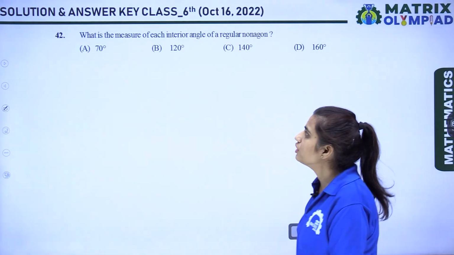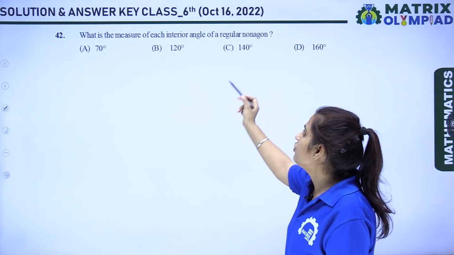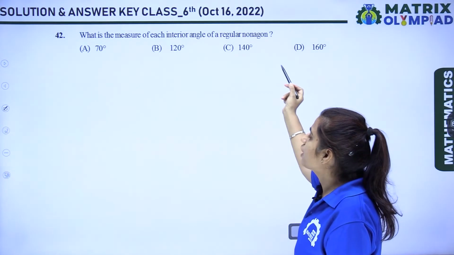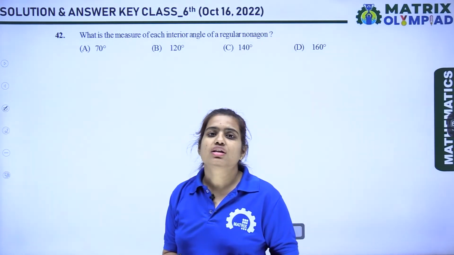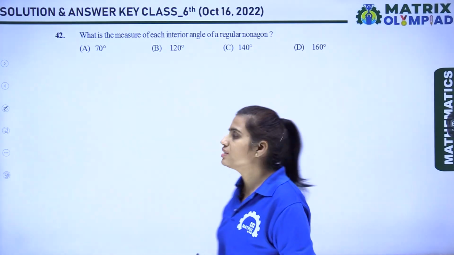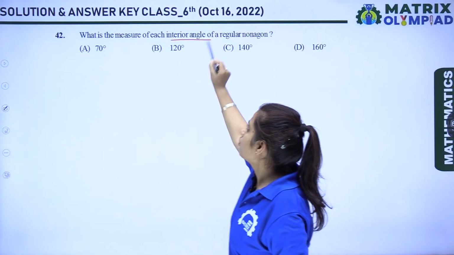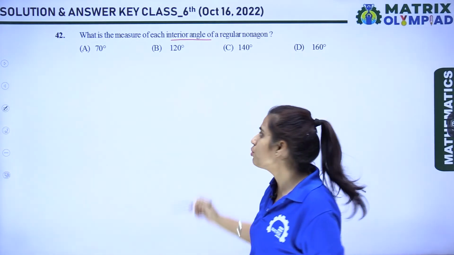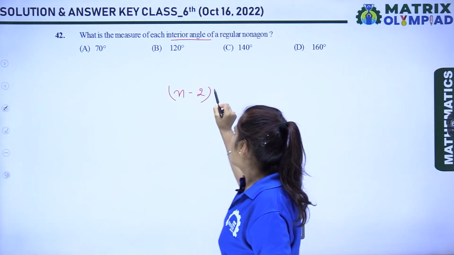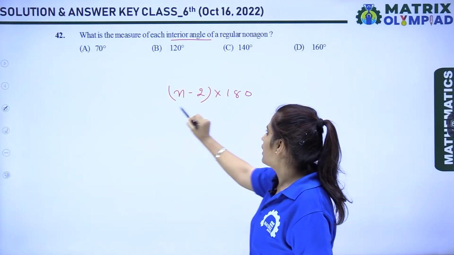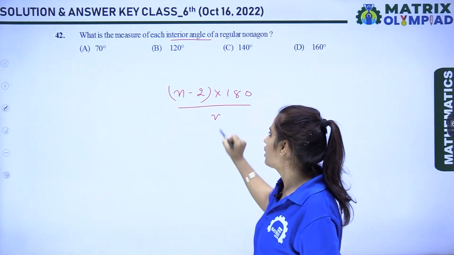Now, next question. What is the measure of each interior angle of a regular nonagon? So regular nonagon means the total number of sides in a nonagon is 9. So here we have to find the interior angle. The formula of interior angle is (n minus 2) multiplied by 180 divided by n.